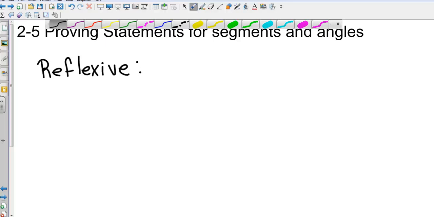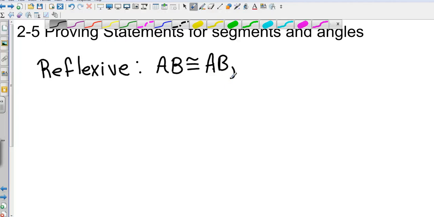The reflexive property just proves something is equal to itself. So in the case of a segment, AB could be equal or congruent in this case to AB. And I know that seems pretty elementary, but we'll use that a lot in proving segments.